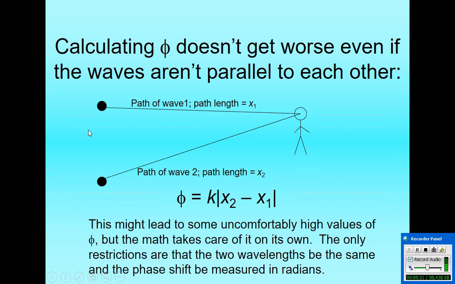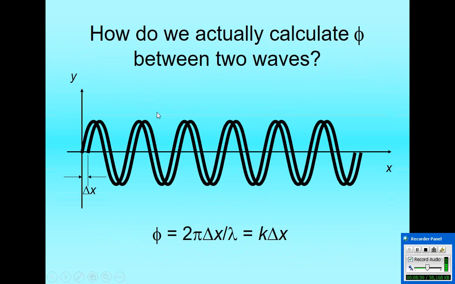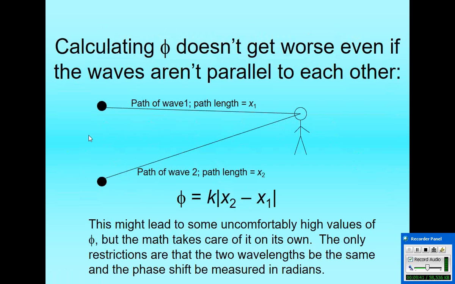It doesn't matter if these sources are on a straight line relative to each other and an observer. All that we need to know is that the sources are identical and where the observer is relative to each of the two sources. Perhaps we have sources represented by the small black circles and an observer represented by the stick figure on the right.